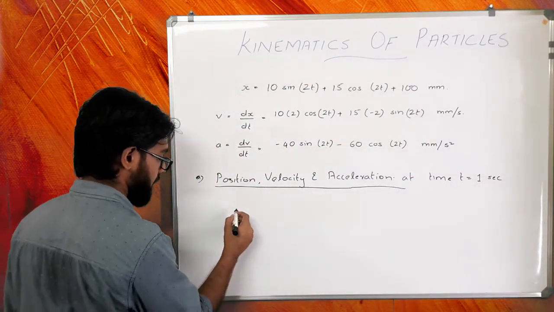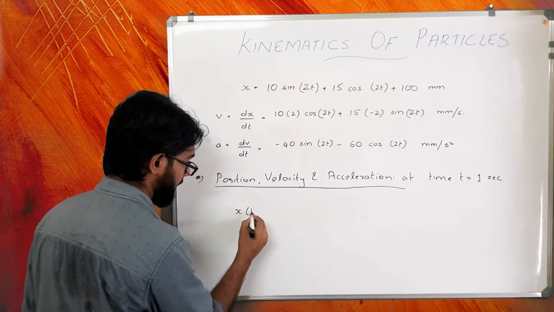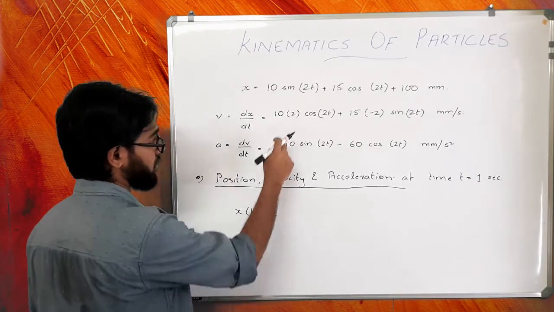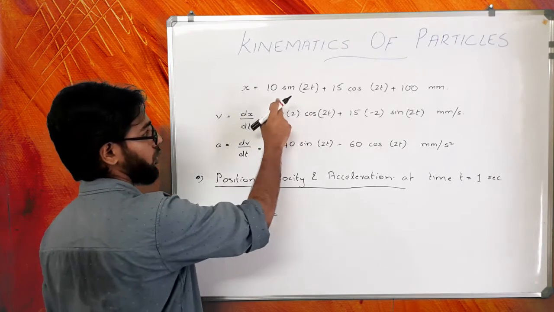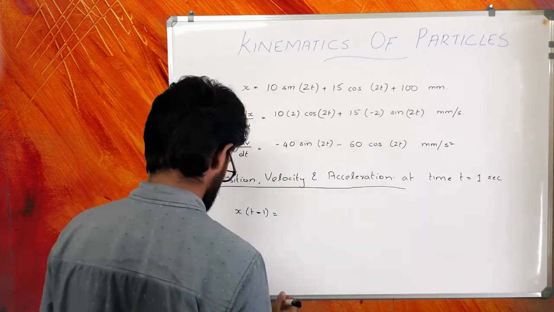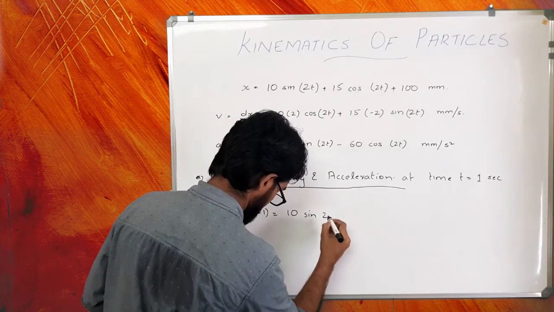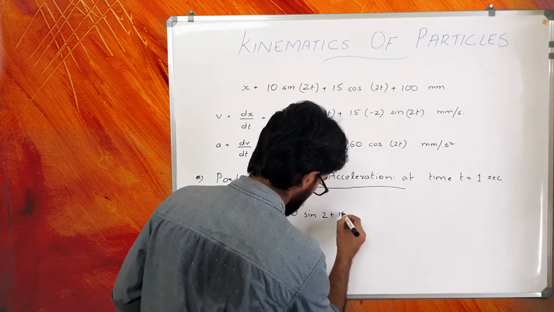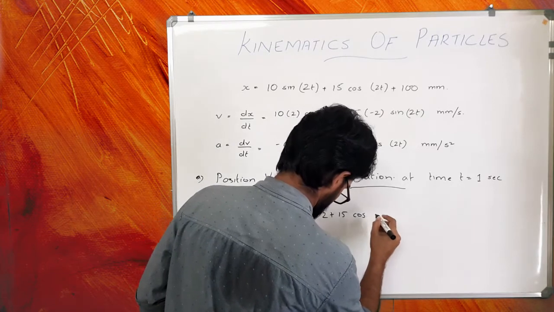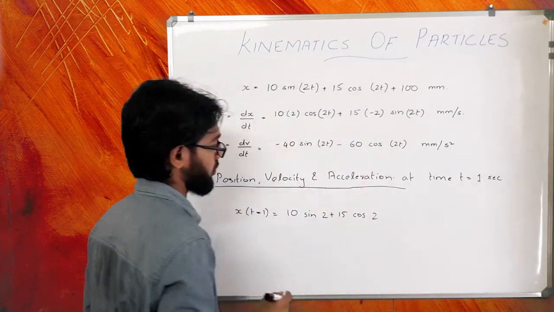So, x at time t equals 1. Substitute t equals 1 in this corresponding equation. So, you will get 10 sin 2 plus 15 cos 2.